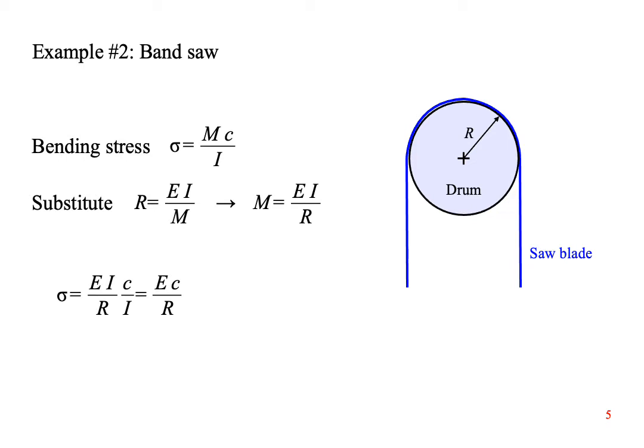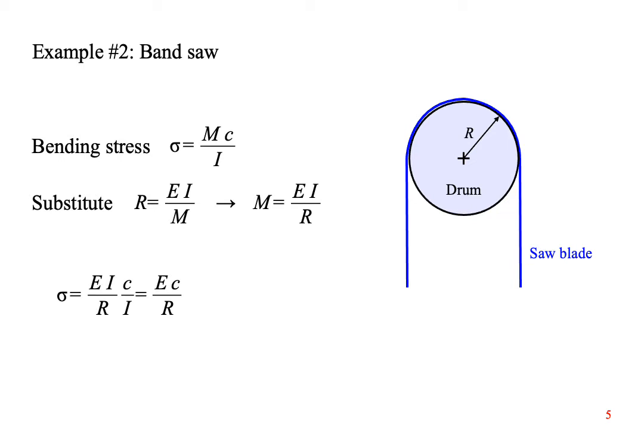Here's another example. A bandsaw consists of a flexible saw blade that wraps over 2 circular drums. The drums rotate, causing the blade to move. You can think of the saw blade as a very thin beam, where c is half the thickness of the blade.